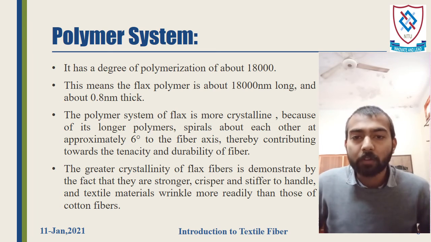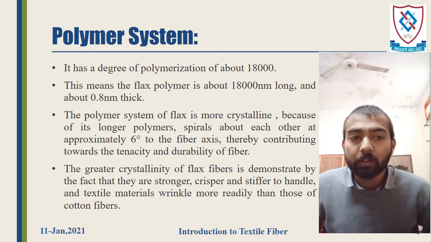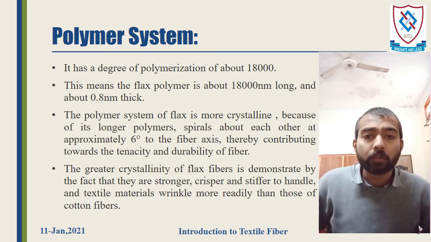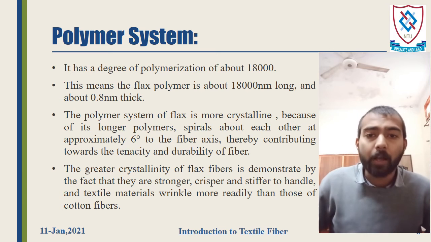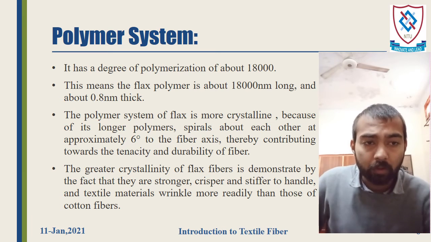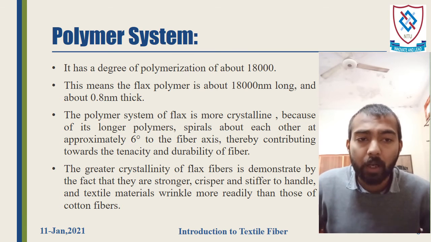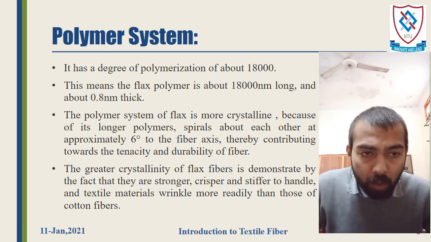The polymer system of flax is more crystalline because of its longer polymers, which spiral about each other at approximately 6 degrees to the fiber axis, thereby contributing towards the density and durability of the fiber.